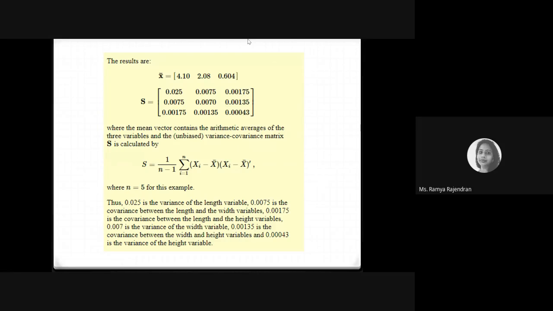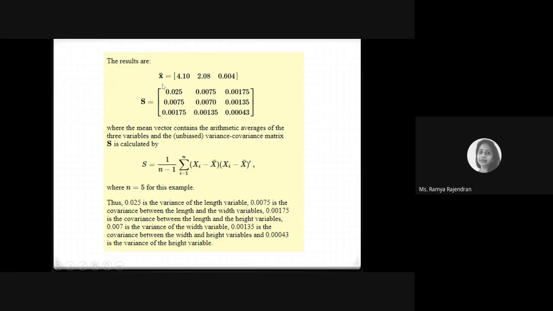So this is the mean vector. 4.1 is the mean of the length, 0.08 is the mean for the width, and 0.6 is the mean for the height.